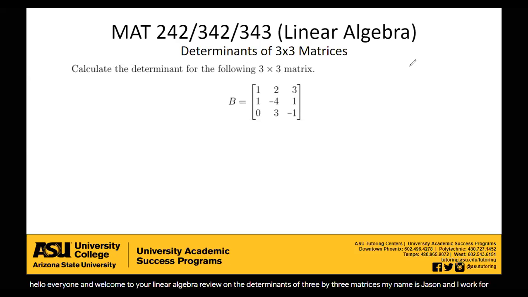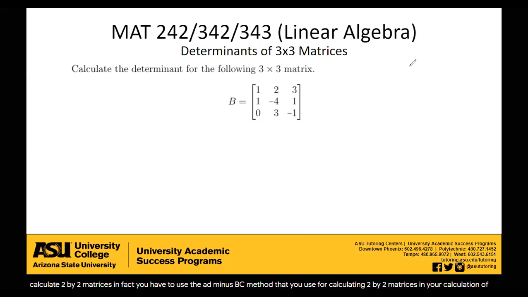Now, in calculating the determinant of 3x3 matrices, it ends up becoming very similar to how you calculate 2x2 matrices. In fact, you have to use the AD minus BC method that you use for calculating 2x2 matrices in your calculation of 3x3 matrices.